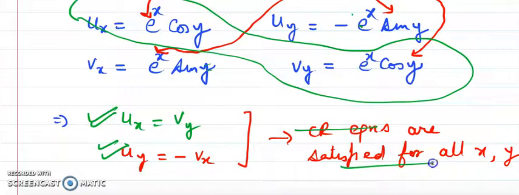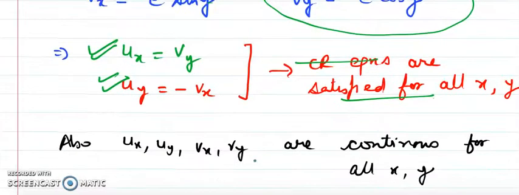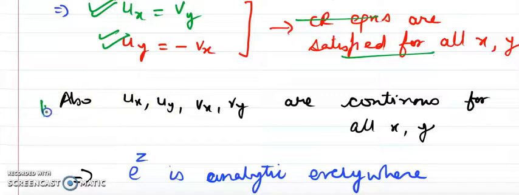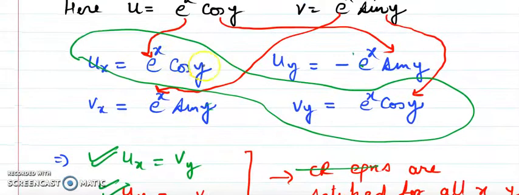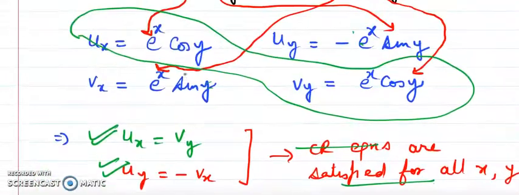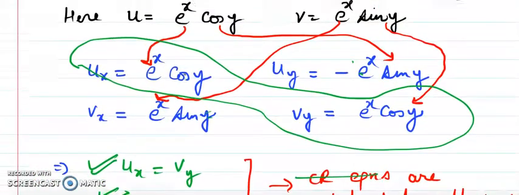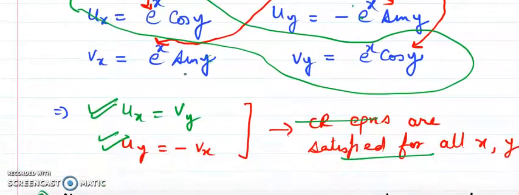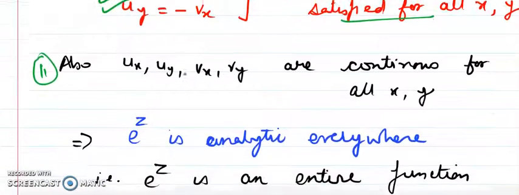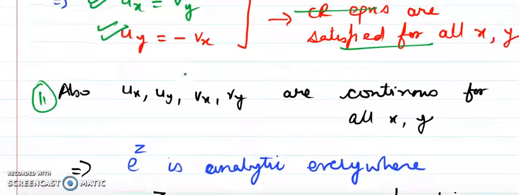CR equations are satisfied for all x and y. The second condition is obvious because, remember, exponential and trigonometric functions are all continuous, and the product of two continuous functions is also continuous. This is a very standard result we have done in the algebra of continuity. So for the second part of the sufficient conditions, we do not have to prove by limit, you just have to see the nature and declare your answer.